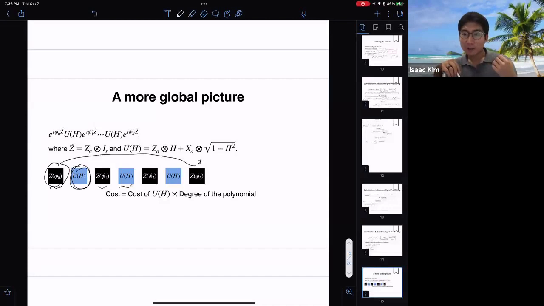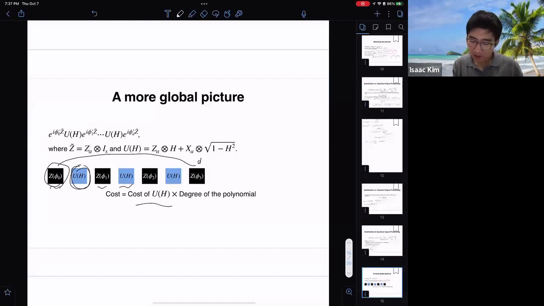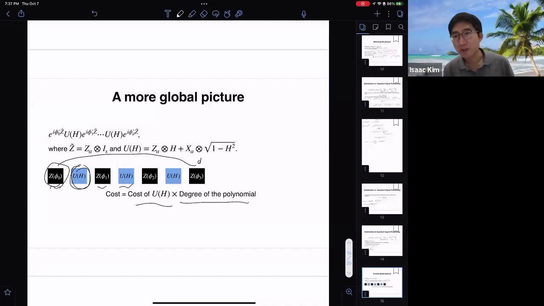So if you have a low degree polynomial approximation of a function that you want to approximate, then the cost of the qubitization is just the cost of U of H times the degree of the polynomial. So it's really that simple. So this is why qubitization is so nice. It's easy to analyze. It's very clean, and it also doesn't require too many extra qubits. So it has so many advantages.